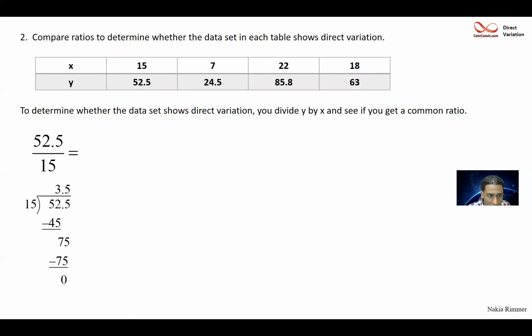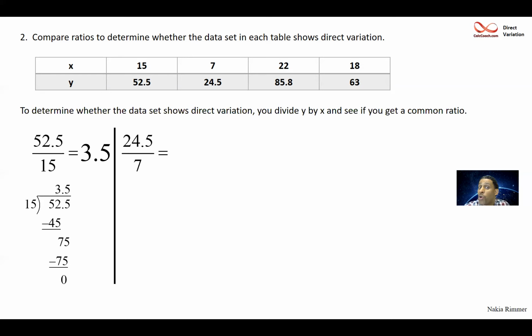That's 45. We subtract and we get a 7. Bring down the 5, and 15 goes into 75 evenly 5 times. 15 times 5 is 75. No remainder. The ratio here is 3.5, but we have to make sure that all the rest give us the same 3.5.